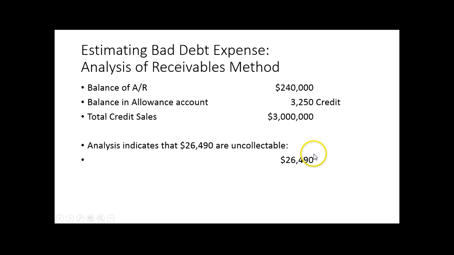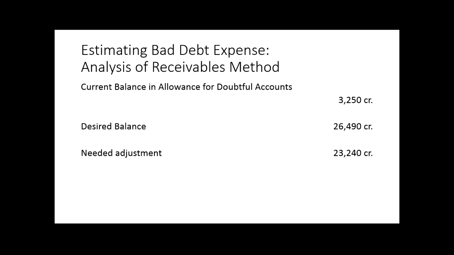Then I'm going to have to put in about $29,000 to $30,000, whatever that number is, to get there. So that leaves us with a current balance in the allowance for doubtful accounts before the adjustment of $3,250 credit. We want a balance of $26,490 credit, so the needed adjustment is going to be a credit of $23,240.